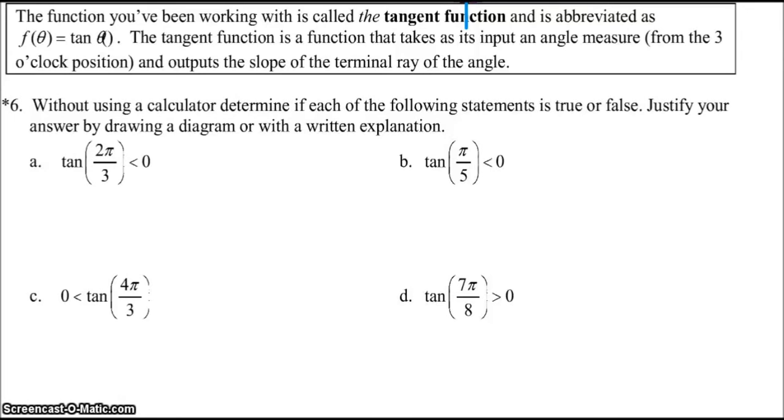Without using a calculator, determine if each of the following statements is true or false, and justify your answer by drawing a diagram or with a written explanation. Tangent of 2 pi over 3. Let's just draw a picture of a circle.